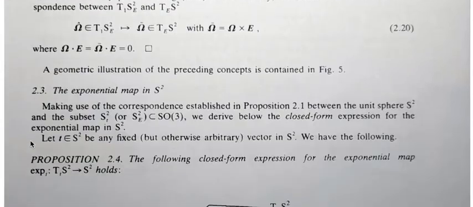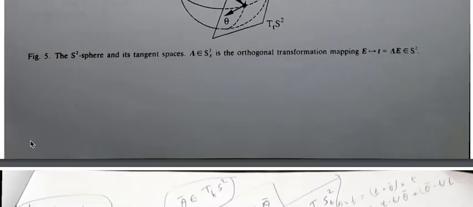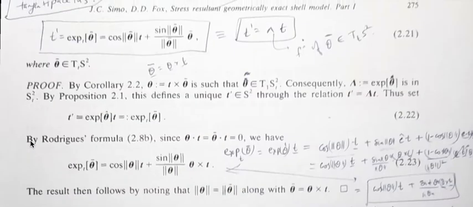Moving ahead, we have one more very important expression, to write the transformed vector directly in terms of the original vector. Instead of first writing lambda in terms of its exponential map and then writing t is equal to lambda e, or t dash is equal to lambda t, we can combine both the exponential map and this transformation t dash is equal to lambda t to get this relationship.